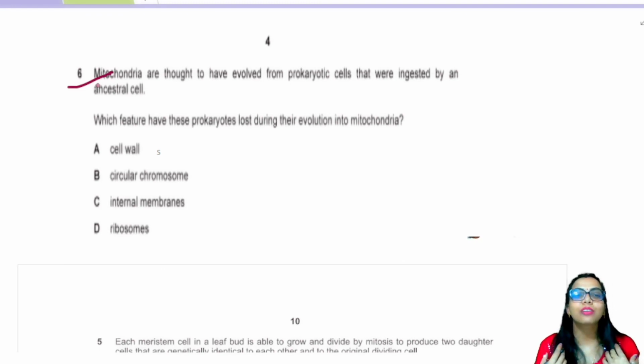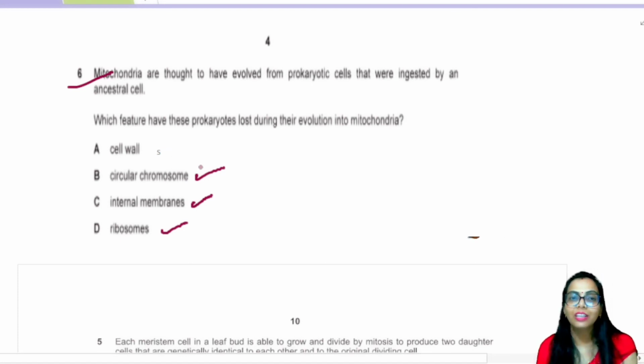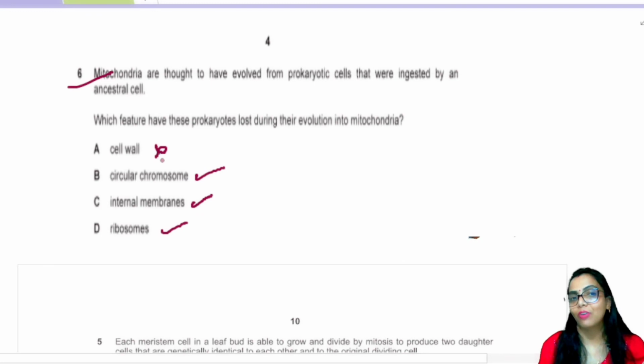So it just lost one of its organs and then started living there. So which is that organ? The cell wall, the circular chromosome, internal membranes, ribosomes. We know that they still have the ribosomes, they still have the internal membranes, and they have the circular chromosome. Yes, as circular DNA is present, it means the circular chromosome is also present. They lost their cell wall.